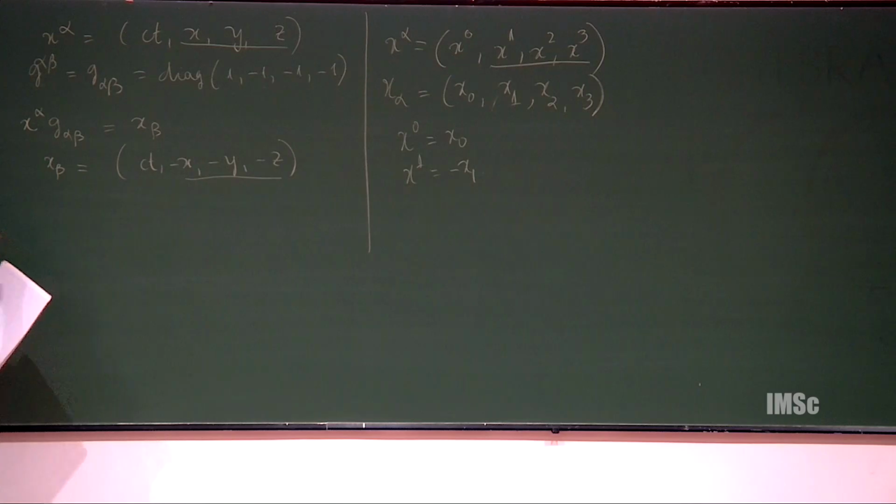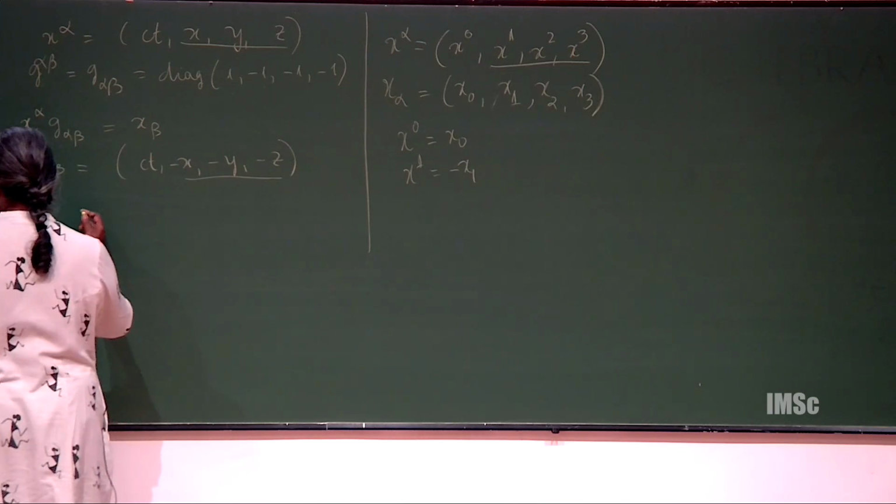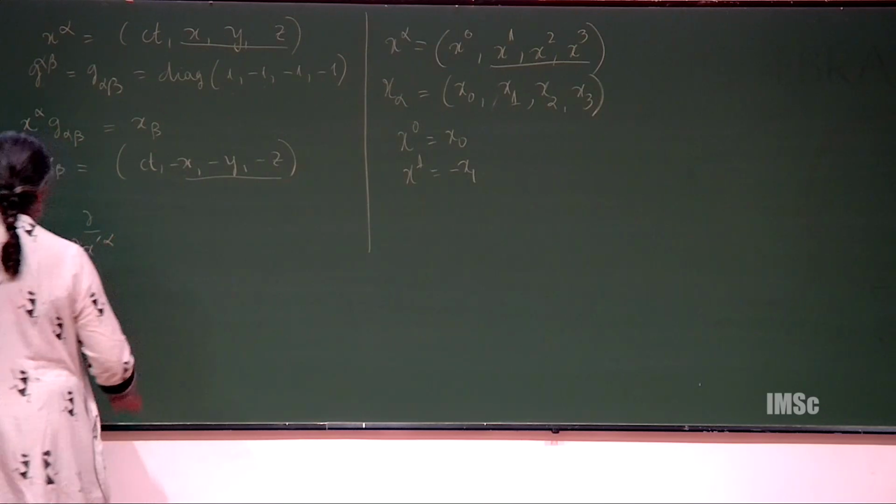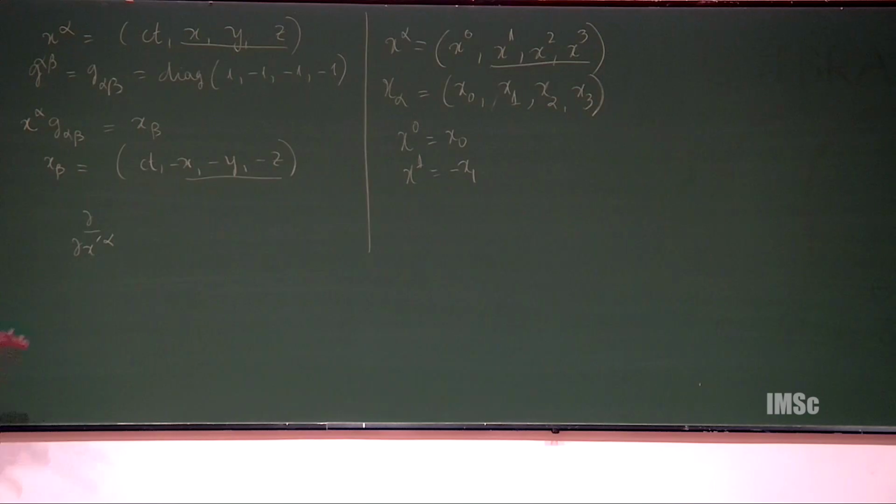Suppose I want to convert, like yesterday we did, right? We wanted to write d by dt prime in terms of d by dt, right? So what did we write? d by dt prime is d by dt into dt by dt prime. That is the chain rule. So suppose I write the chain rule for d by dx prime alpha. I am not doing a Lorentz transformation here, but I want to simply rewrite this derivative in terms of d by dx, not d by dx prime, using the chain rule.